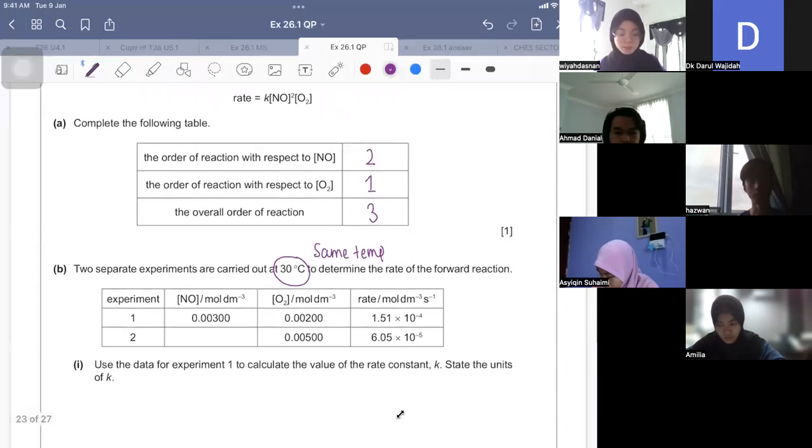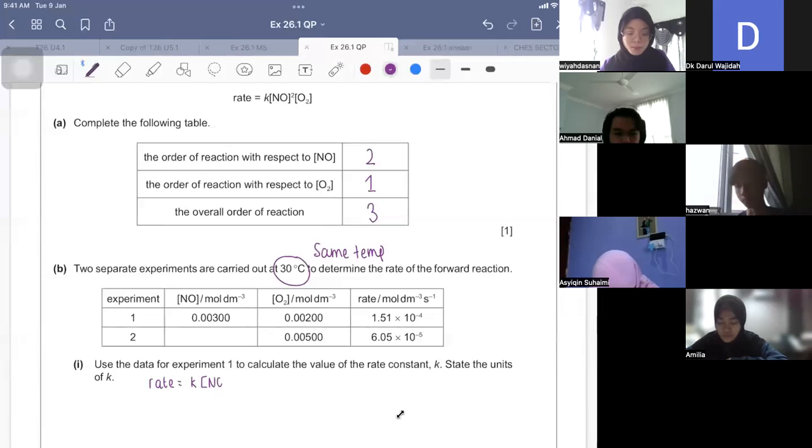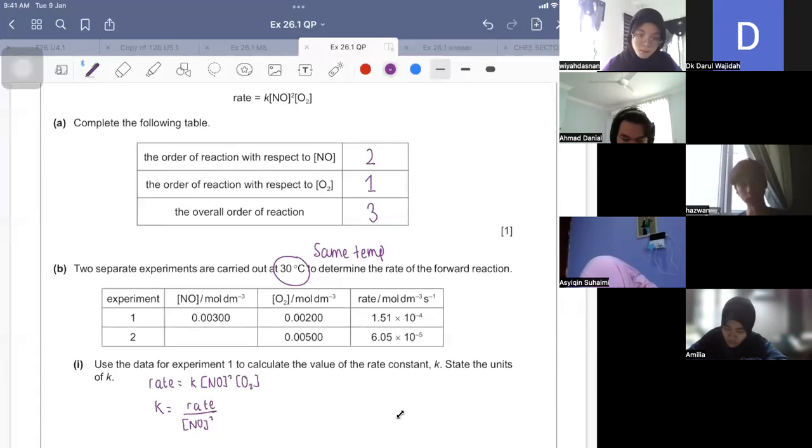First, they want you to calculate the value of the rate constant K. So can you please do that? Rate is equal to K times, using experiment number 1, K would be rate over concentration of NO squared, O2, and then you have to work out the units as well.